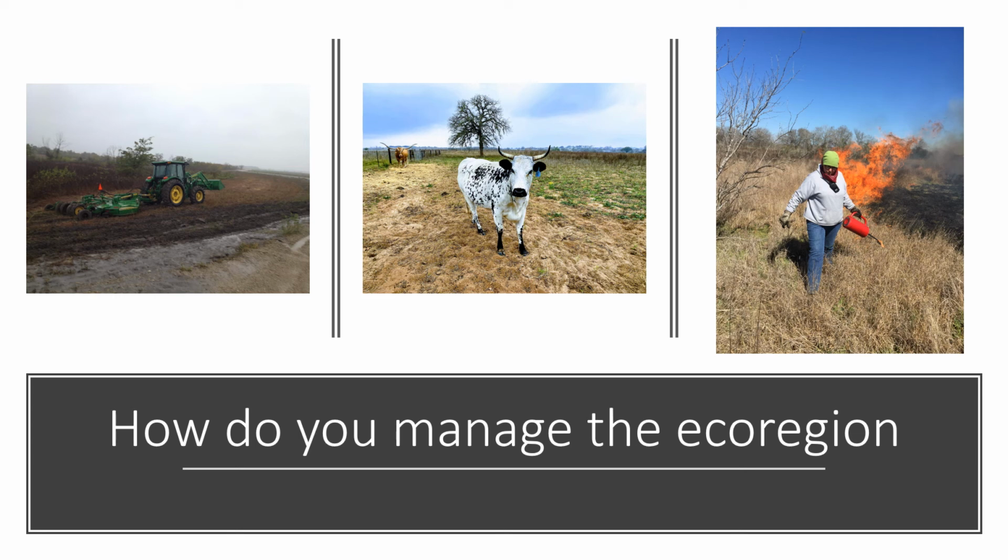You can use chainsaws, mulchers, herbicide, tractor and shredder, and rotational grazing. In some parts of the state, you can use disking, not necessarily in the South Texas plains. Fire and harvest of game species, as well as predator control. All of these things, when used, can manage and maintain your property.